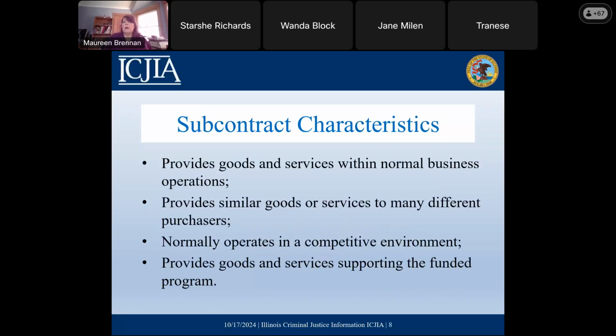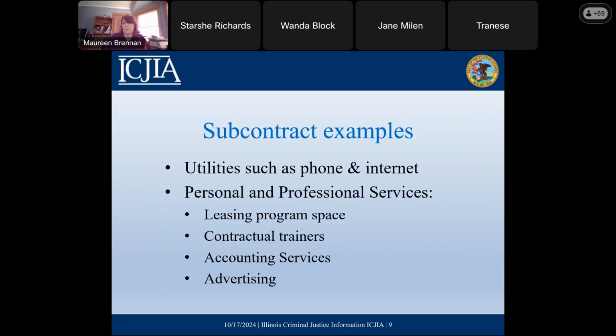So a subcontractor provides goods and services within normal business hours. They provide the same goods and services to any taker, to any customer, and that's usually done in a competitive environment. The goods and services that they provide support the funded program, but they are not providing the funded program.